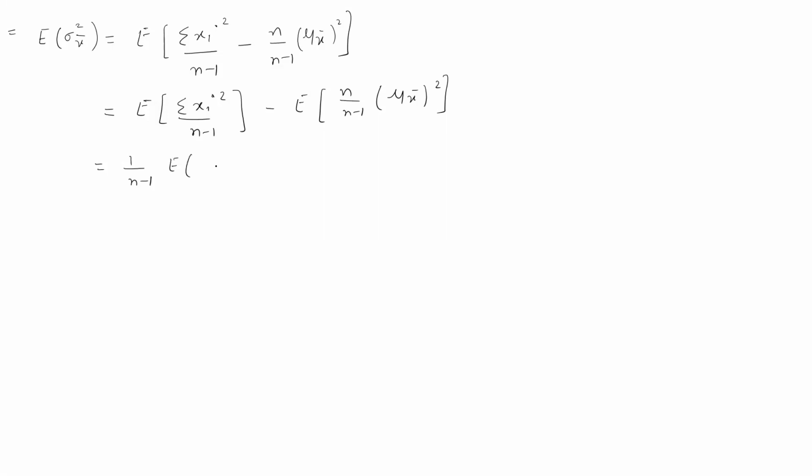So this will be expectation of summation of xi square minus x. Here also n divided by n minus 1 will come out and remain with the expectation of mu of x bar whole square. Now we have the term here, expectation of xi square or x square, whatever you say, it's a data point, and we have expectation of mu of x bar whole square.